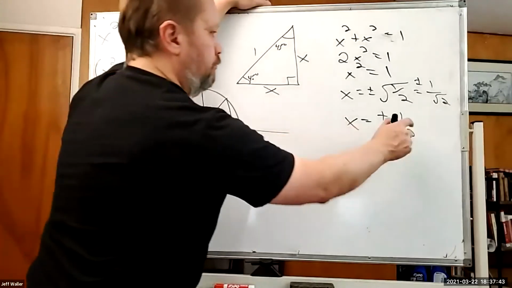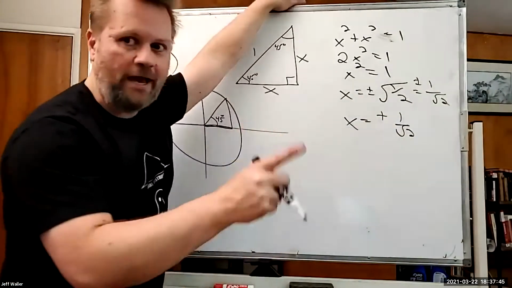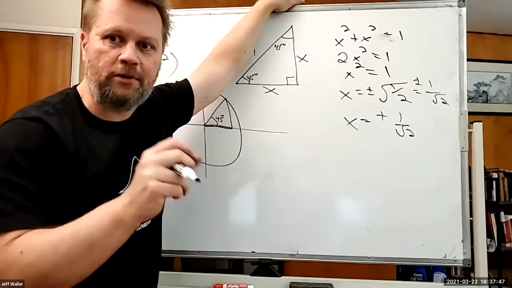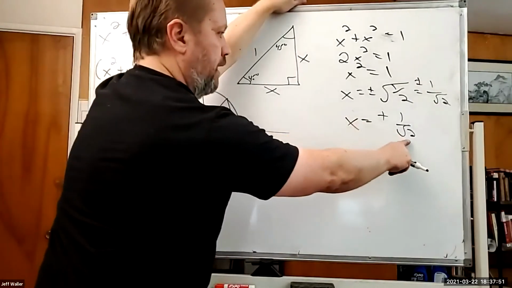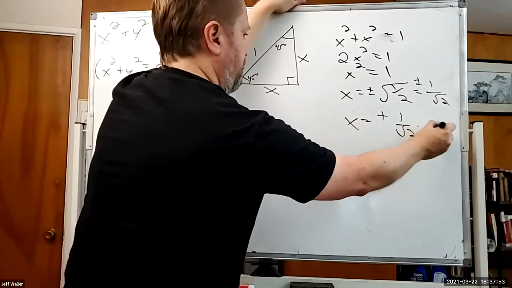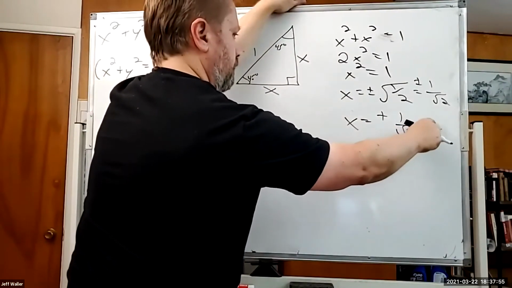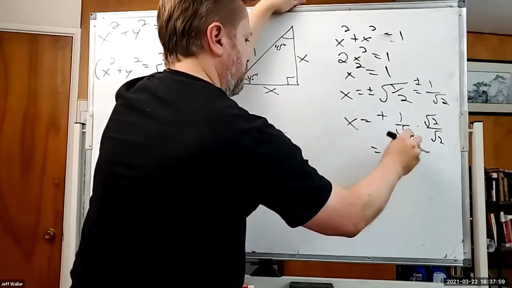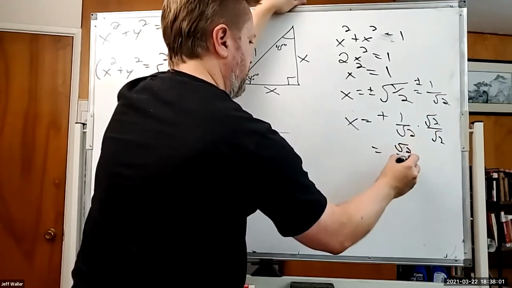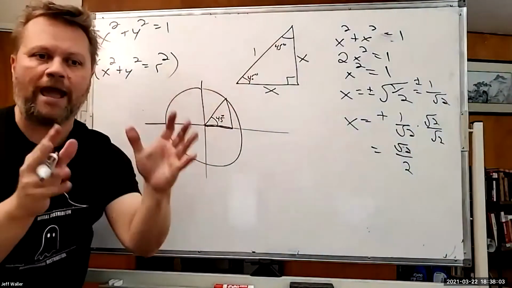And we do not appreciate radicals on the bottom. We do not. We want to rationalize those. How do I rationalize that denominator? I multiply by what? Square root of 2. Because that'll make the bottom become a nice rational number.